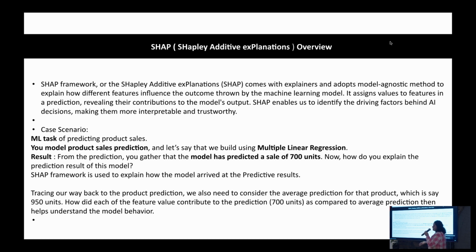Now, as an end user of the application, I really don't know how I got this sales figure of 700 units, or why this was happening. So here we can apply the SHAP framework to understand how the model arrived at those predicted values, right?